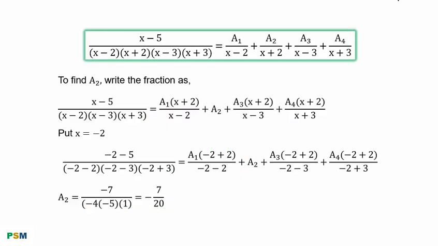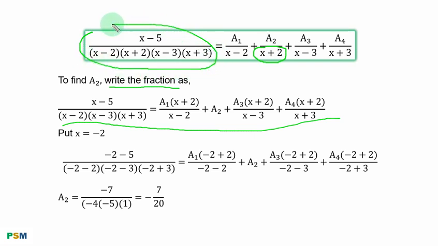Next, we are to find A2. To do that, write the fraction above as this. You simply use the linear factor under A2 to multiply through. If you multiply through this term by s + 2, it will remove this 1 from here.